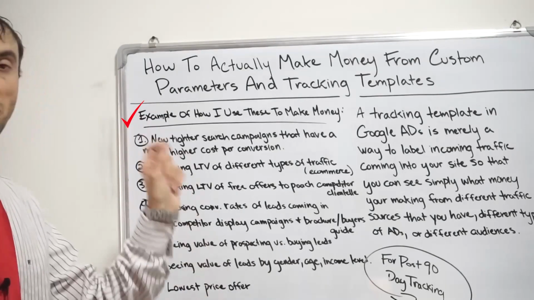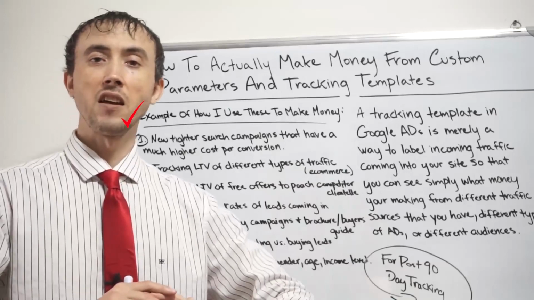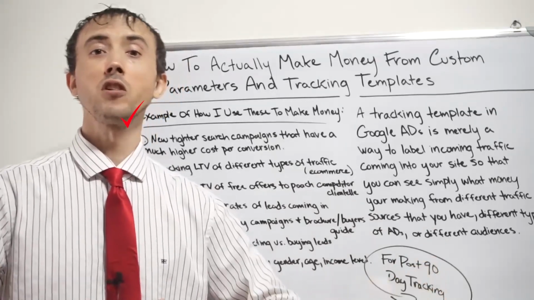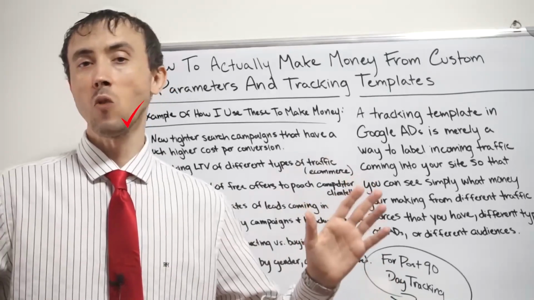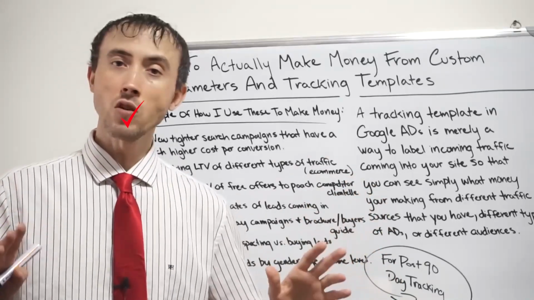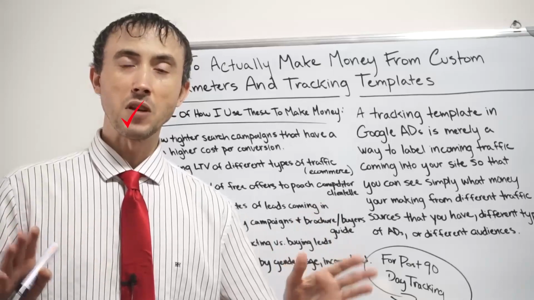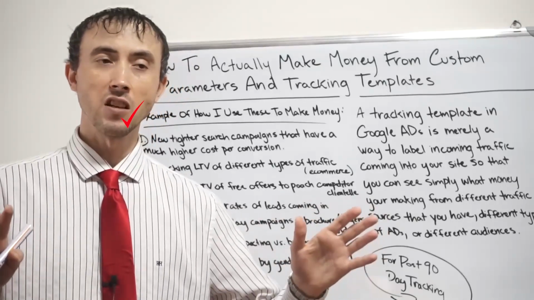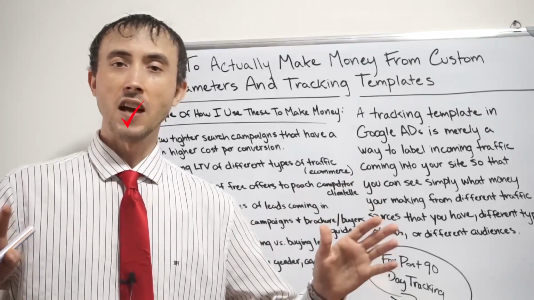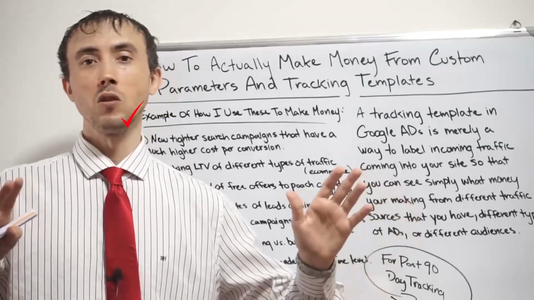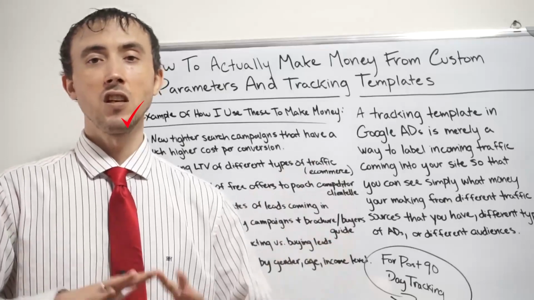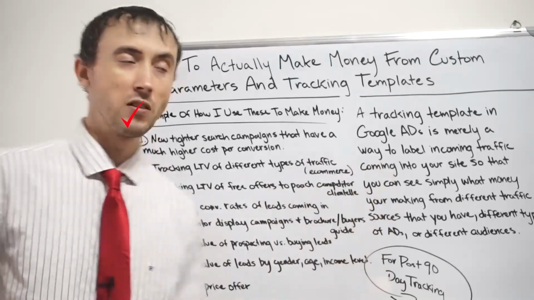Tracking templates and then custom parameters that are tied to that can track an infinite amount of things. You can literally track anything you want, which is the reason why I made this video, to show you how you can actually make money with it. Because just knowing you can track different things and having no practical background as to how to apply the capability to your PPC strategy is basically worthless.